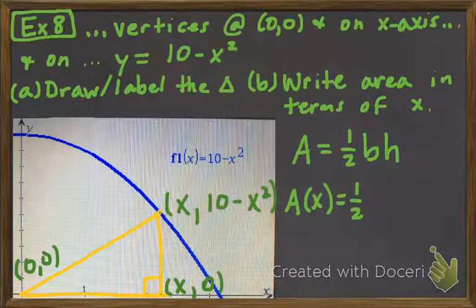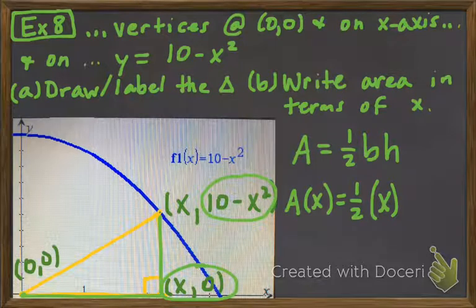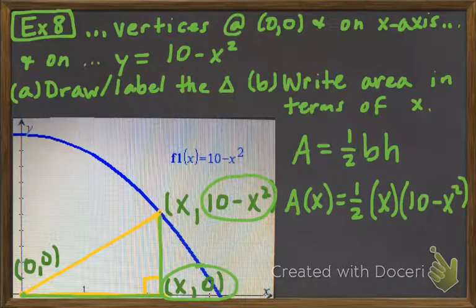Alright, so the length of this side, since this vertex is x, 0, that means that this side length is x, because I am x away from the origin. So my base length is just x. And then when I go up, how far up do I go to get there is the y-coordinate. So that means my height is 10 minus x squared.